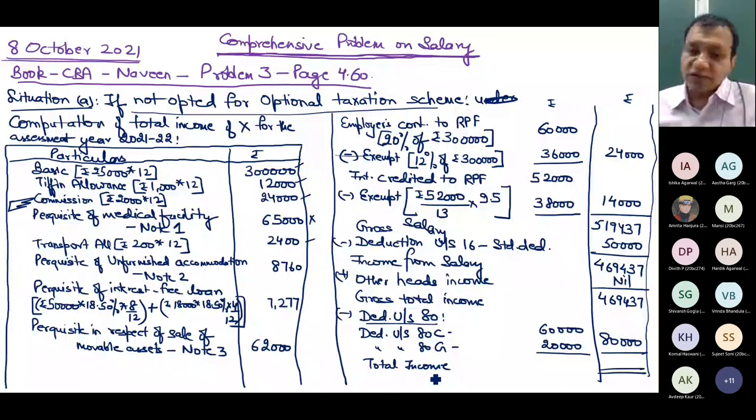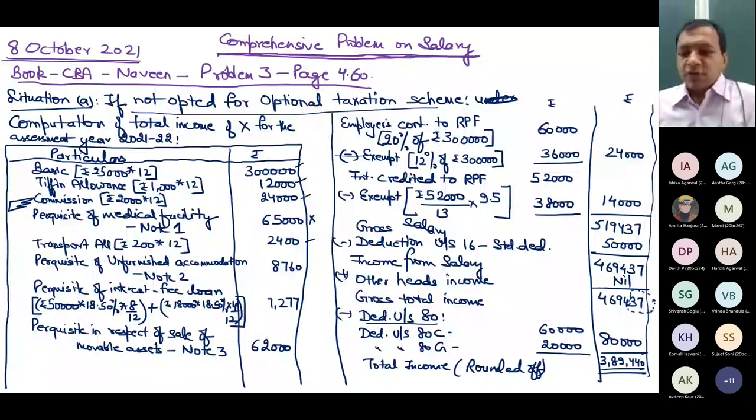So do remember this point, otherwise you lose half or 1 mark. Total income must be rounded off. It should be 0 in the last digit, or you can say ones place, which we discuss in second class: ones, tens, hundreds. So the digit at ones place must be 0 as far as total income is concerned. So I have rounded off 37 to 40. This is my total income.